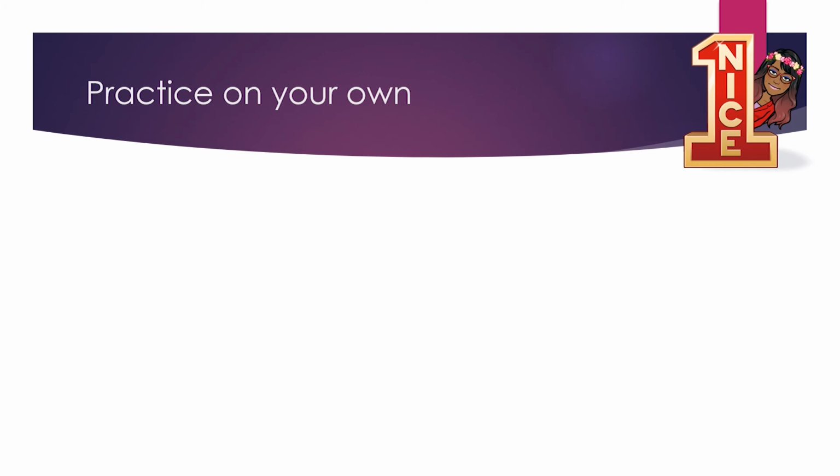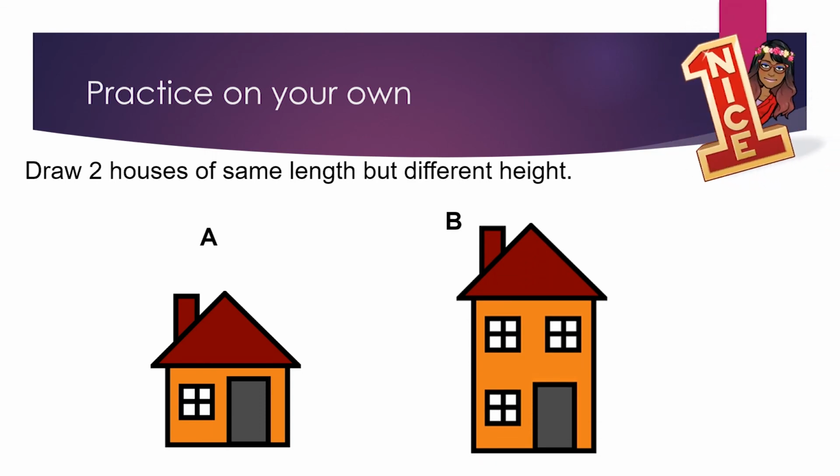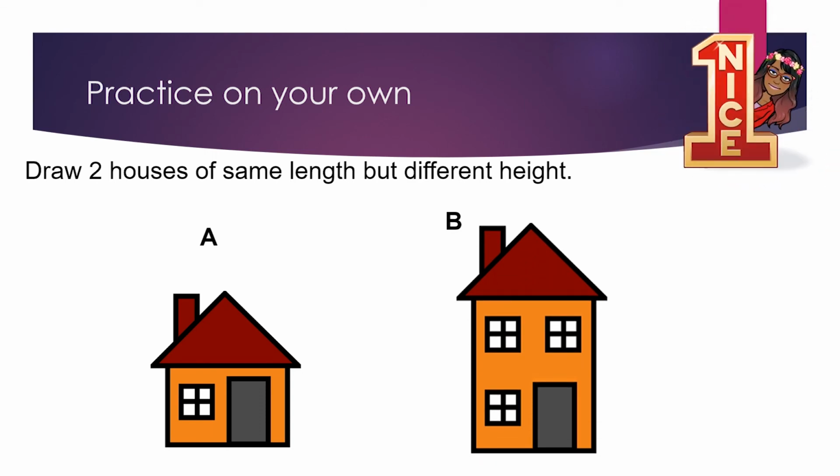Now you will draw two houses of the same length but different heights. Did your houses look similar to these? Well, here are my two houses. What do you notice? You are right. House A is short and house B is tall.